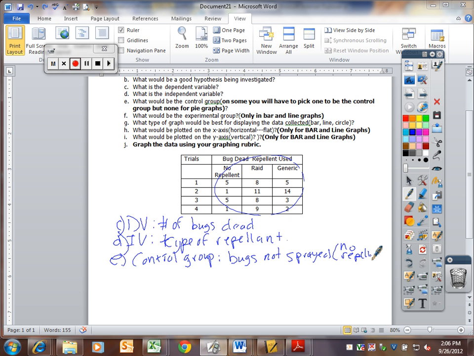Okay. Then on F, we're asking for the experimental group. And of course, that's going to be the other brand. So the experimental group will be the bugs sprayed with repellent.